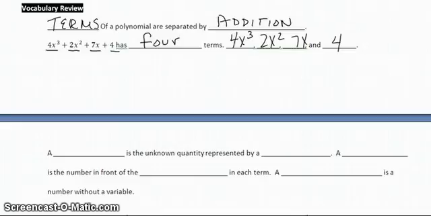Next, the variable represents that unknown quantity and is represented always by a letter. Now, the coefficient is that number hanging out front.